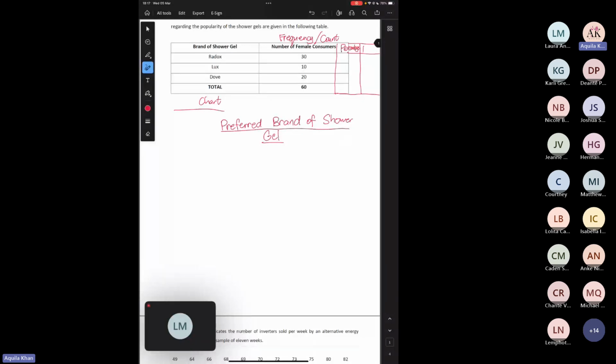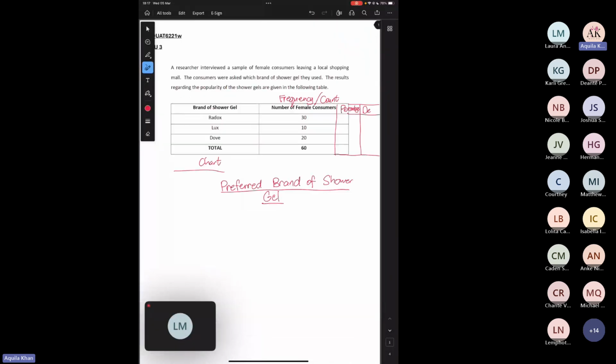And then we need degrees, because now we're working with a pie chart instead of a bar chart. So the percentage of your count is literally calculated by just taking your count itself over the total and multiplying it by 100. So 30 divided by 60 multiplied by 100 would be 50%.